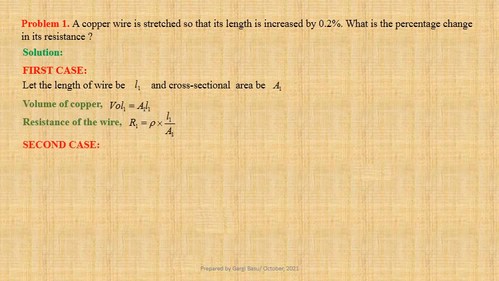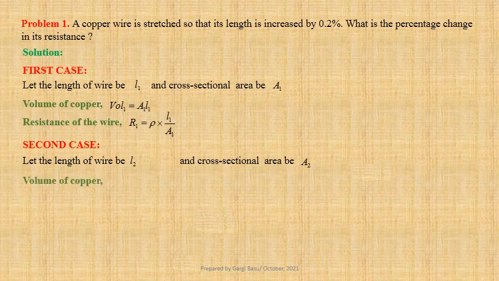Second case, let the length of wire be L2 and cross-sectional area be A2. Volume of copper Vol2 equals A2 into L2. Resistance of the wire R2 equals rho into L2 by A2.